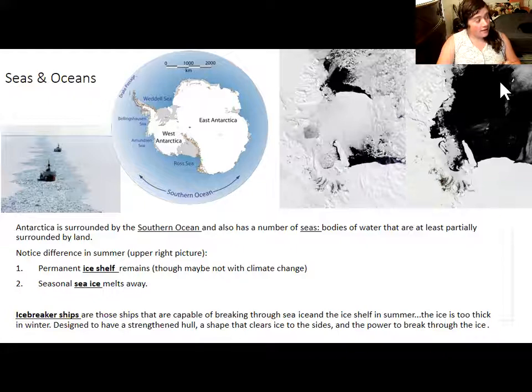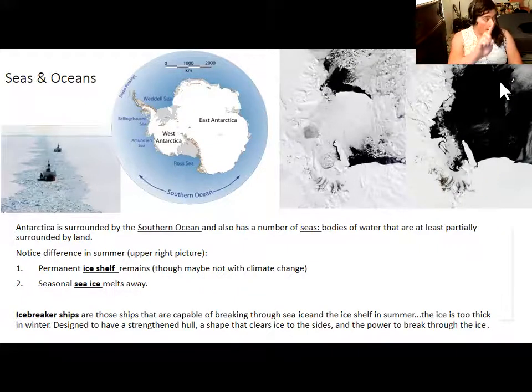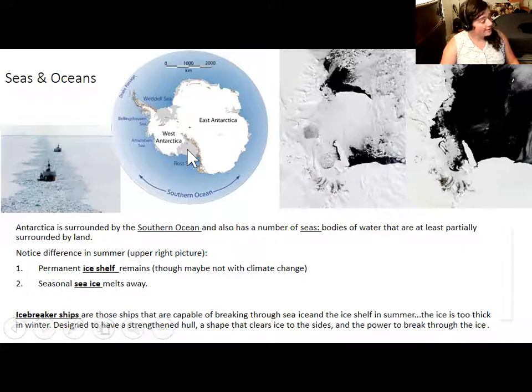Sea ice is the ice that just forms on the surface of the water itself, kind of like pond scum. It freezes in the winter. Much of it goes away in the summer. The ice shelves do not disappear in the summer. The ice shelves shown here are considered to be permanent ice. However, they are beginning to break up from global warming.